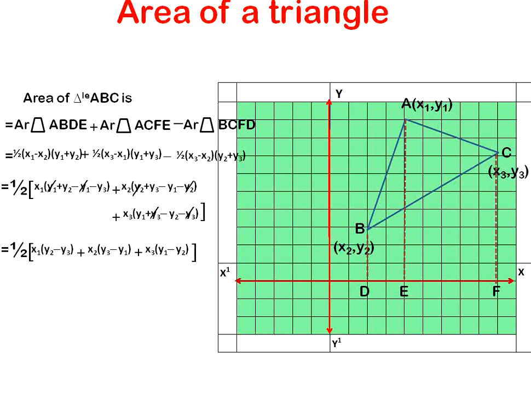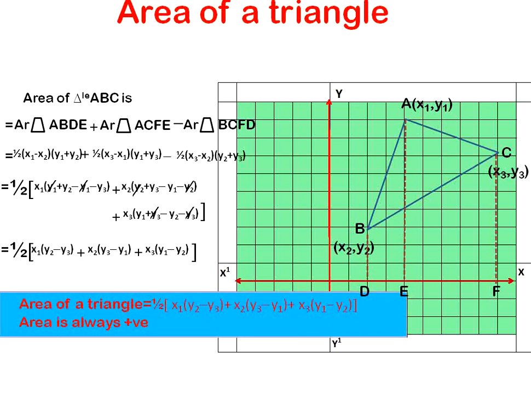This is the required formula for the area of a triangle. So the area of a triangle is equal to half into [x1(y2 minus y3) plus x2(y3 minus y1) plus x3(y1 minus y2)]. Always take the positive value, because area is always positive.